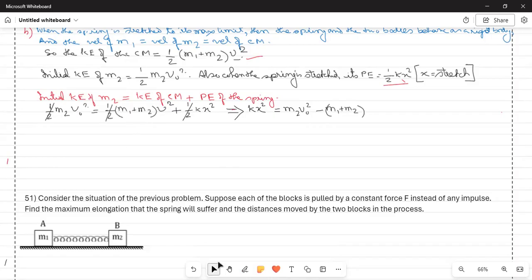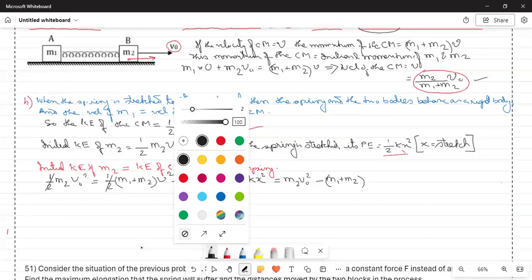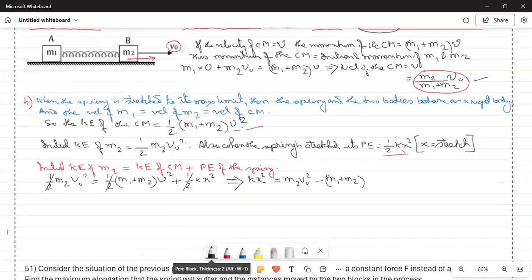V is given here as M2 divided by M1 plus M2 into V0. Coming to this, v square is M2 square V0 square divided by (M1 plus M2) whole square.